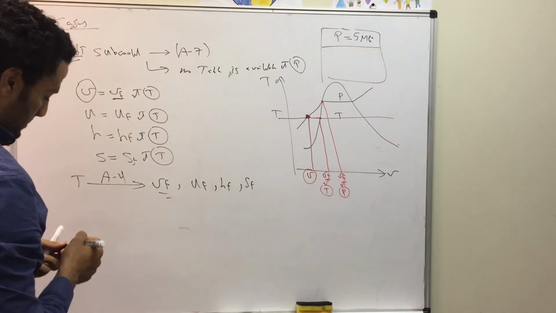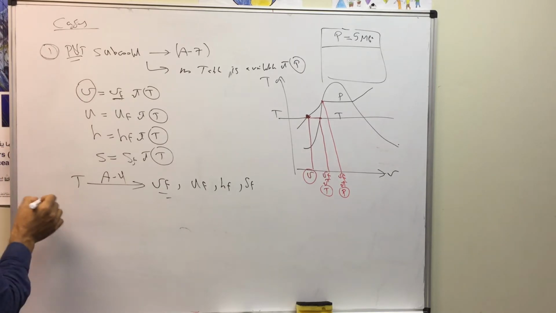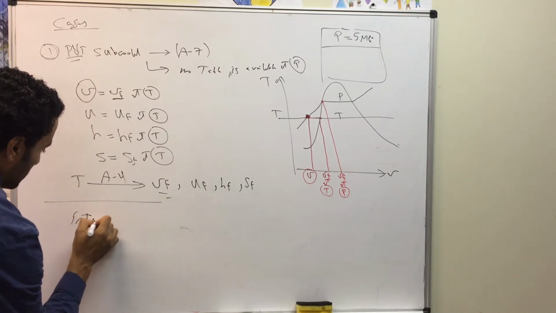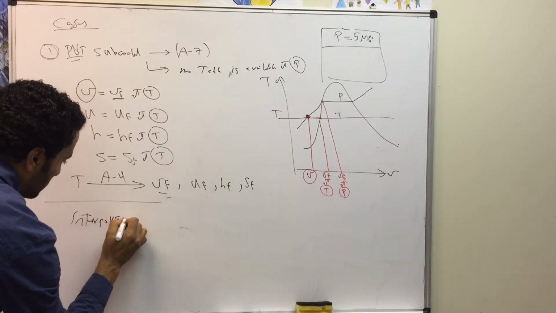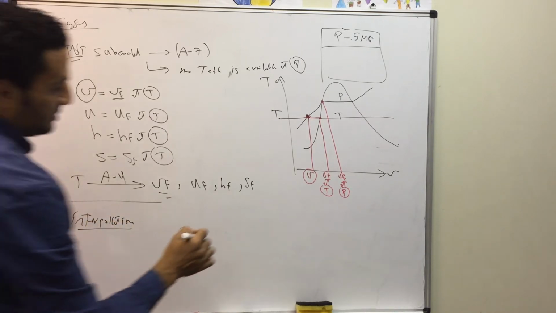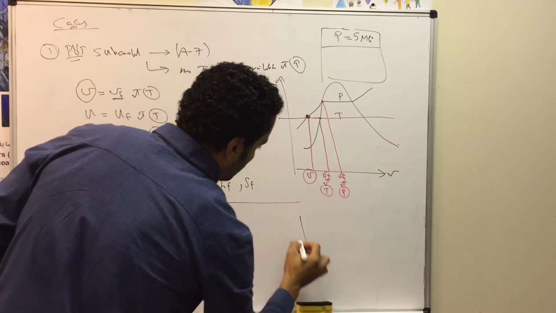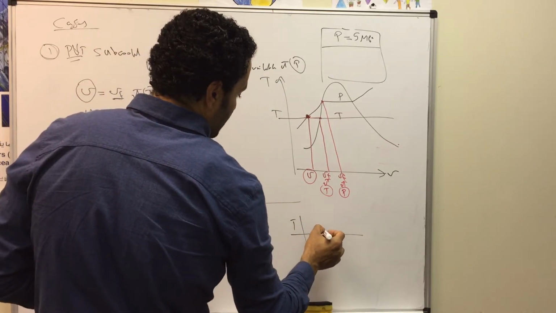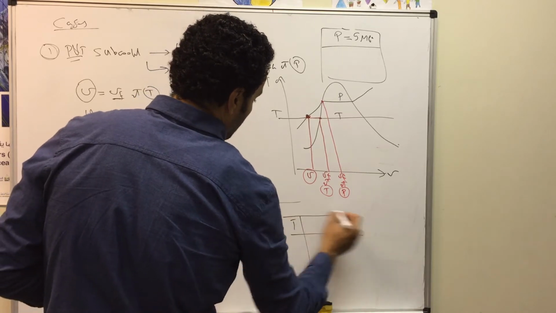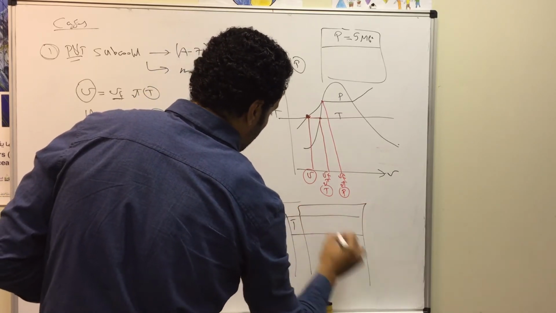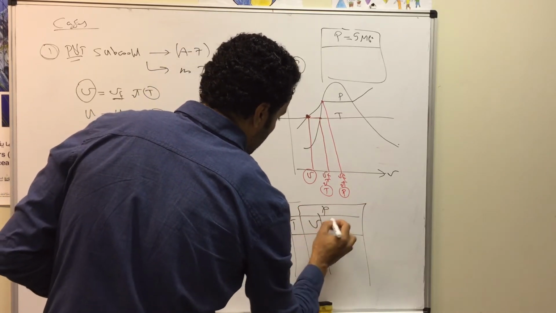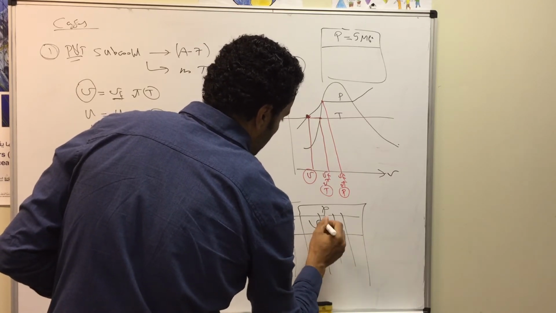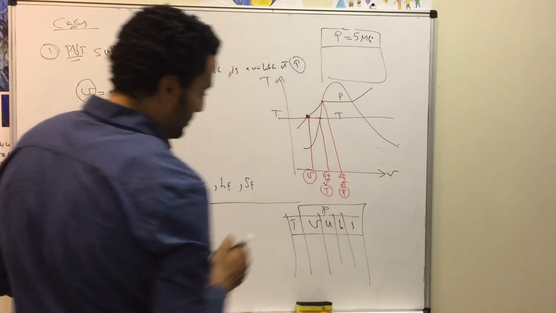The last thing we have to cover is interpolation. When you go to a table, let's say at a given pressure, like table A6 or something, we have the specific volume, internal energy, enthalpy, and entropy.